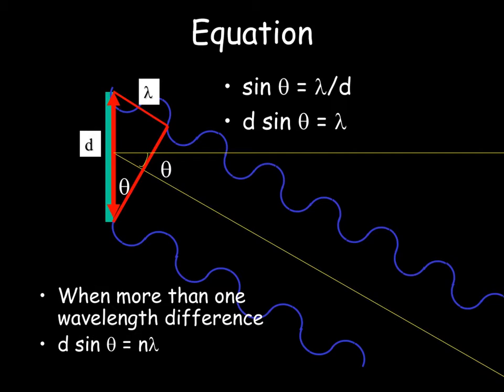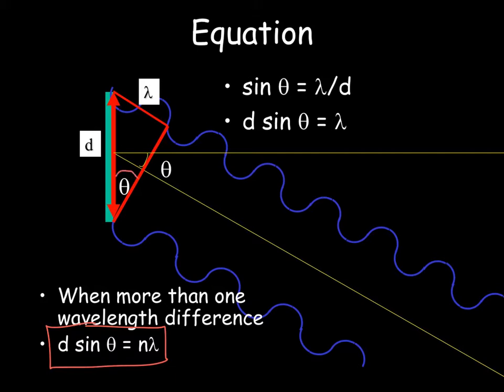Now, this is the equation for the diffraction grating. And this is how we get it, basically. Here it is at the bottom. Basically, we have to imagine that there's a triangle and the two waves coming from holes near each other form the triangle, particularly the side opposite the angle.